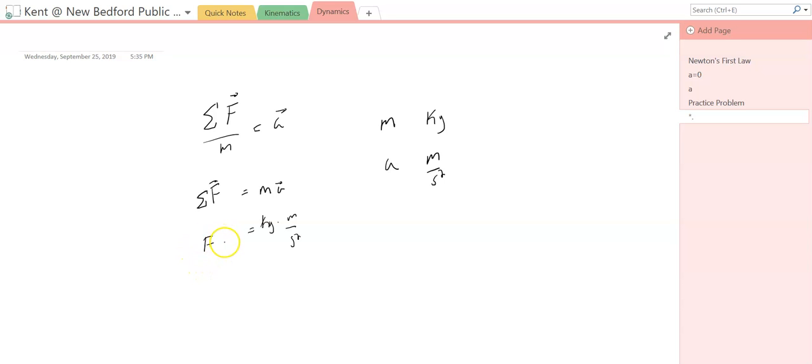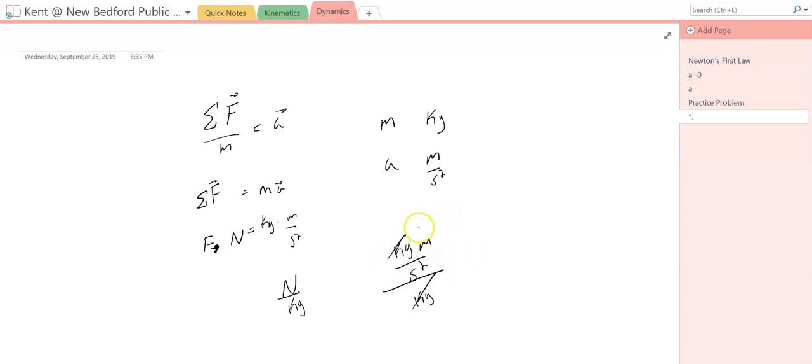So newton is a kilogram times meter per second squared. If you ever see newton divided by kilogram, this will give you meters per second squared, because a newton is kilogram meter per second squared, divided by kilogram. Kilograms cancel, and you get meters per second squared.